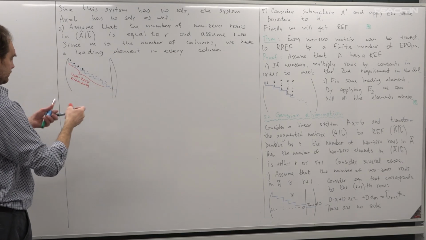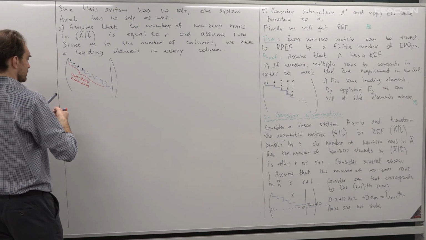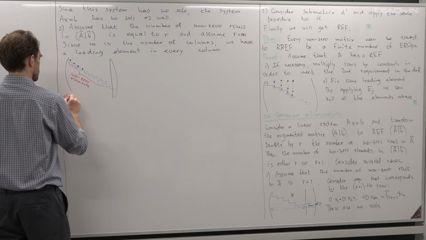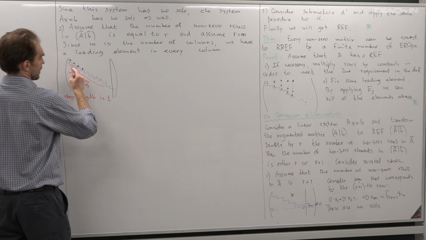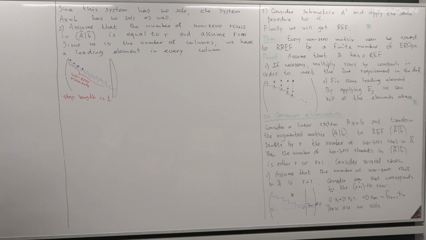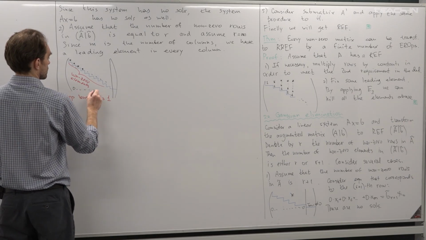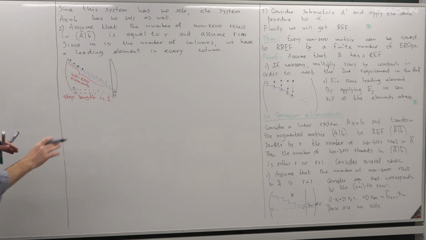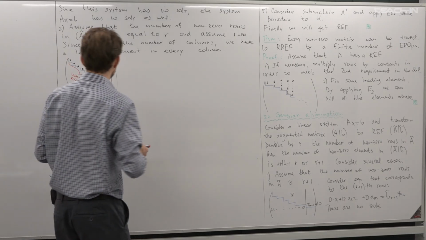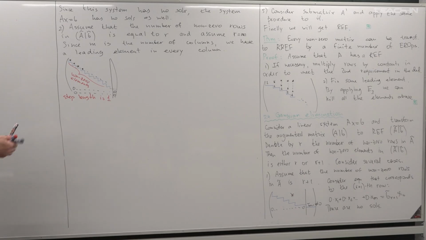And the step length is 1 everywhere, just because the numbers are the same. And possibly we can have some 0 rows at the bottom. So they affect nothing just because the corresponding equation looks like 0 equals 0. So we can have any number of these equations. They are not important. Okay, so what about this case?